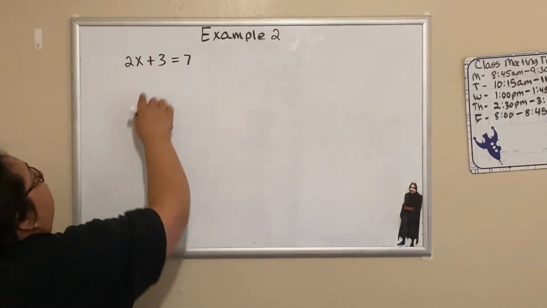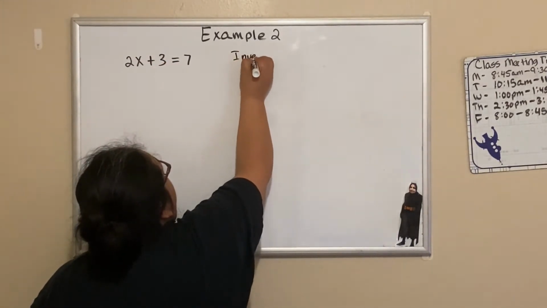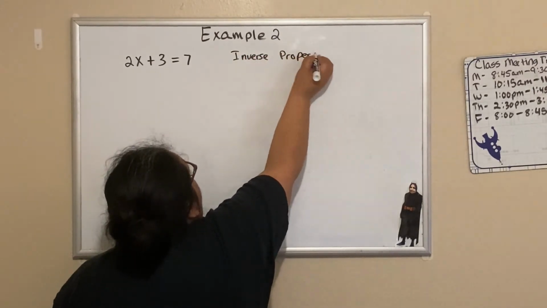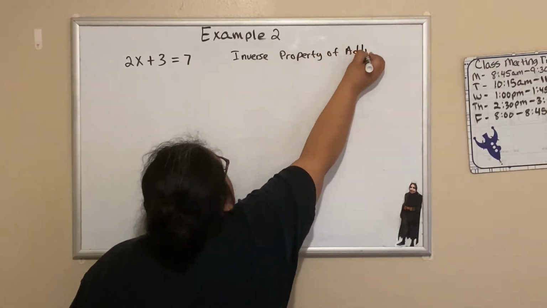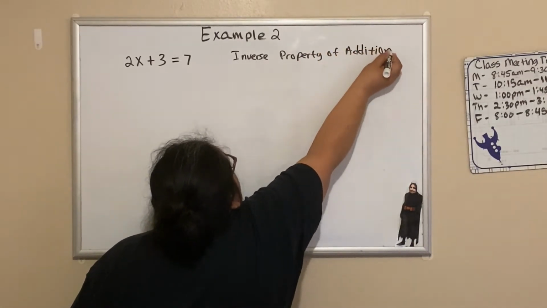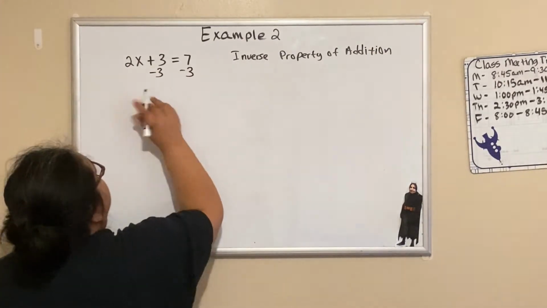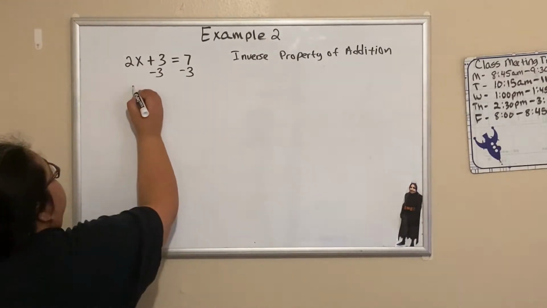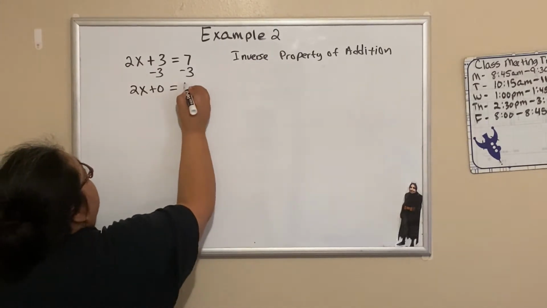So I need a 0 here. So I need to use the inverse property of addition. So I'm going to say minus 3 on both sides because this is an equation. So we're going to get 2x plus 0 equals 7 minus 3.